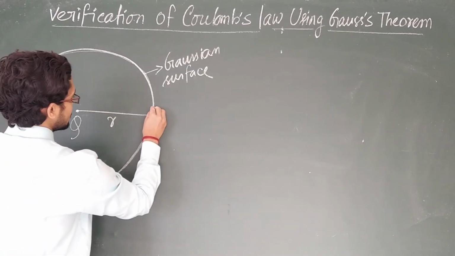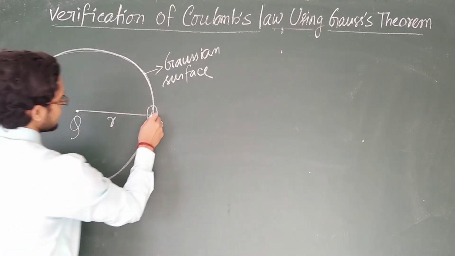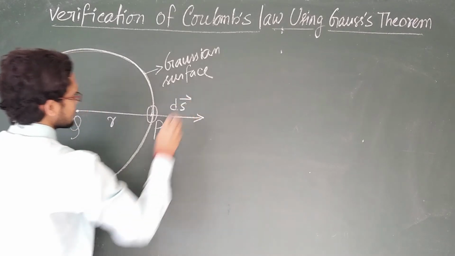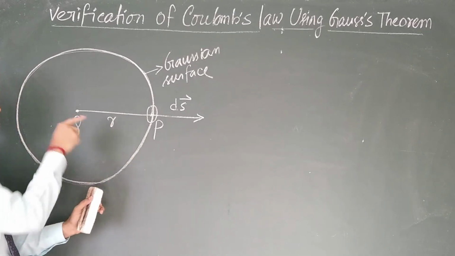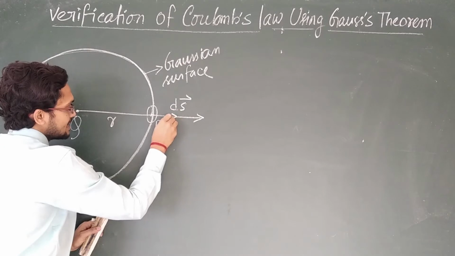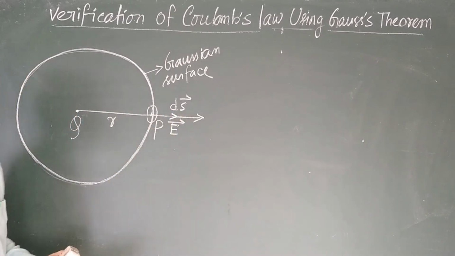First we will draw a small area. The direction of the area vector will be in this direction, suppose this is ds. The direction of the lines of force due to this charge at this point will also be in this direction, so this is the direction of E.